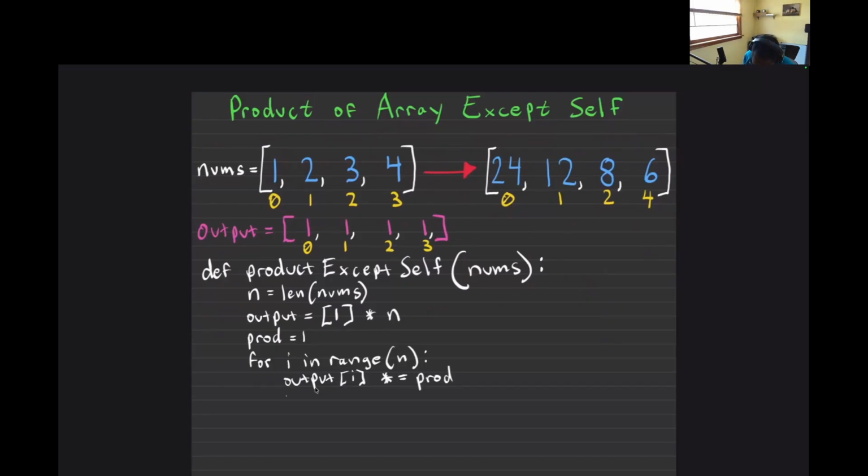And then we're going to update prod, so we'll update prod times equals nums at i, okay? All right, and then we'll have to reset prod when we're done with this loop here.